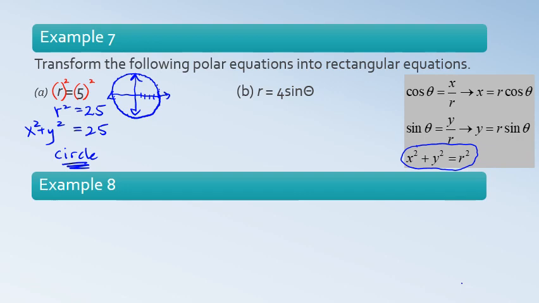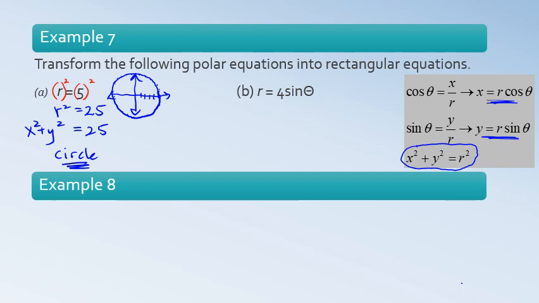The second example, r equals 4 times the sine of theta. Let's see, I could square both sides, or I could multiply both sides by r. I think I'm going to multiply both sides by r simply because I do have a theta involved this time, and so it would be really nice maybe to see an r sine of theta or an r cosine of theta.